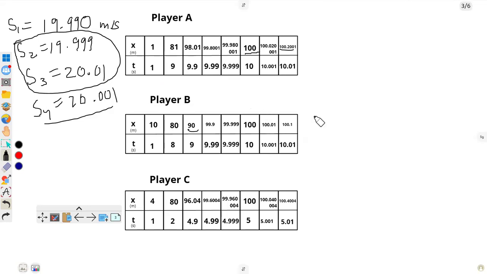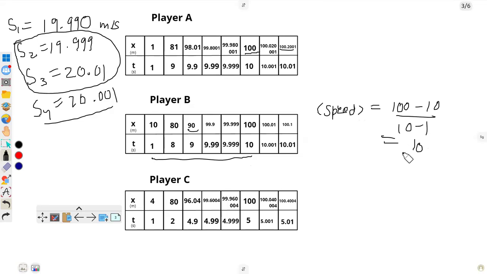So for player B, whenever we try to find the average speed, let's try to find the average speed for the time interval between t is equal to 1 to t is equal to 10. The average speed turns out to be 100 minus 10 upon 10 minus 1, which is actually 10, right?